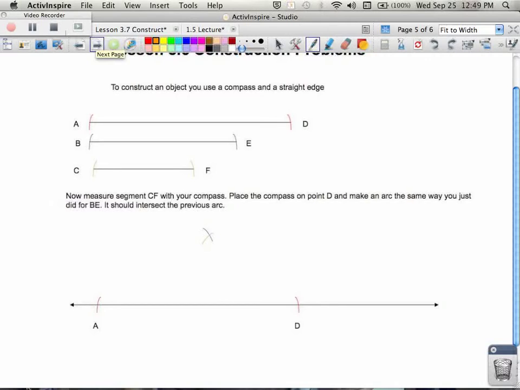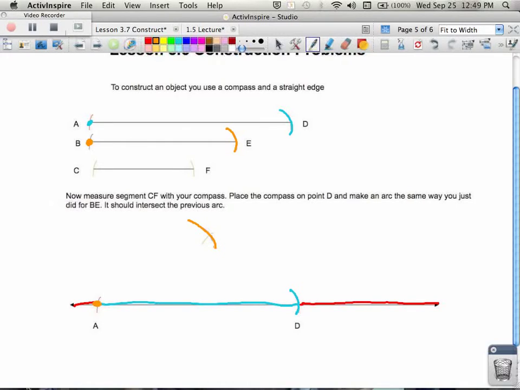Next, since I already know that I have my super long line or segment that I drew, and I've already marked in light blue the distance from A to D, which we know is this distance right here because I marked it off on that very long line. Then, I went to my B, put my compass point on B, measured from B to E with my compass, stretched out from point A, and made that arc out in space.